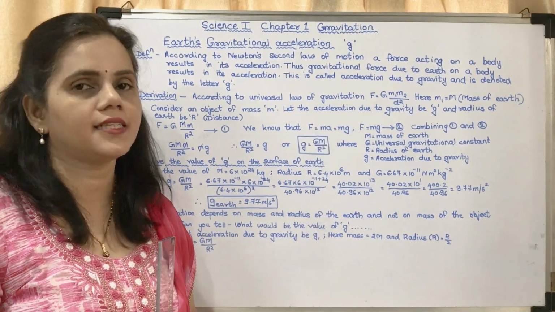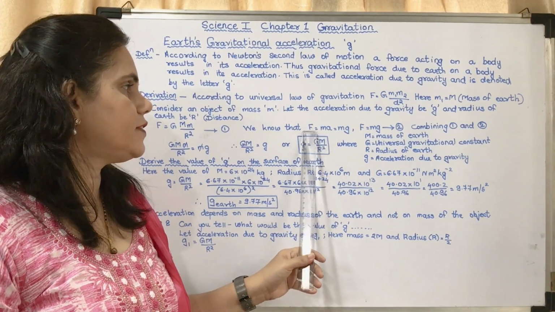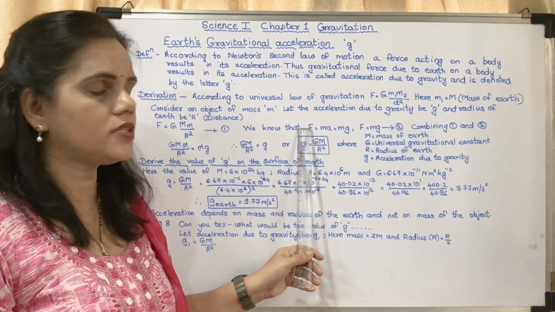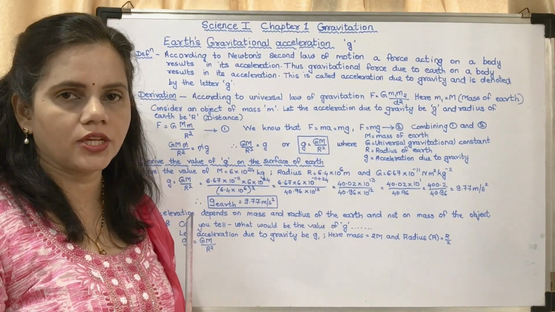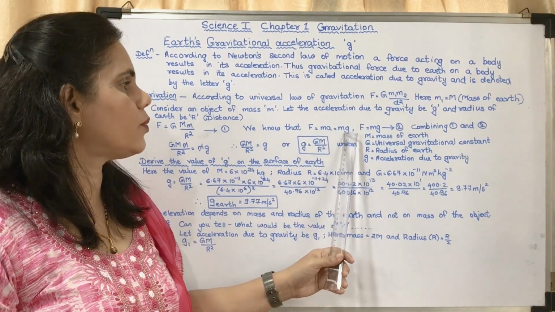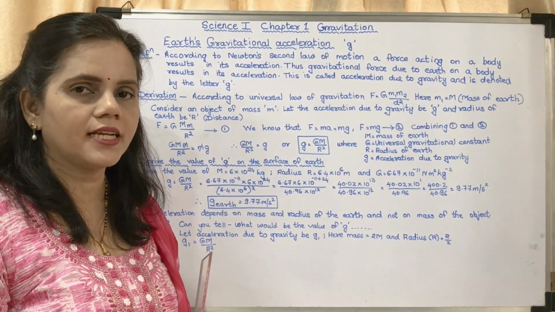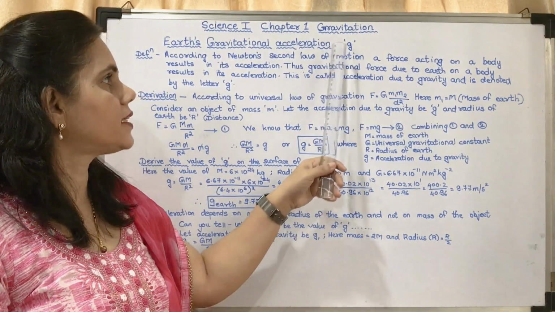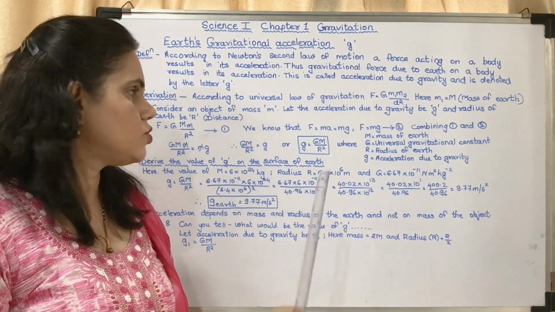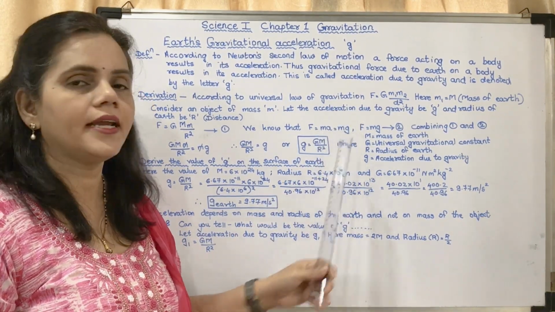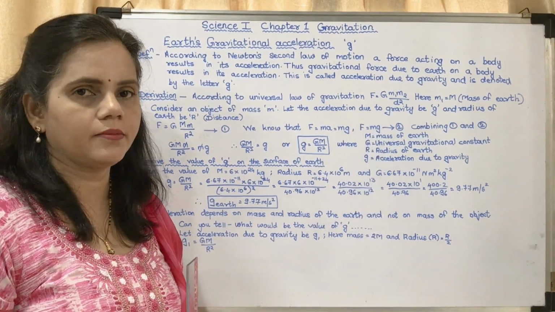This equation we studied last year. F is equal to ma, where F is force, m is mass, and a is acceleration. Here F is equal to mg, because we are going to calculate acceleration due to gravity, which is denoted by the letter g. So instead of a we write g.